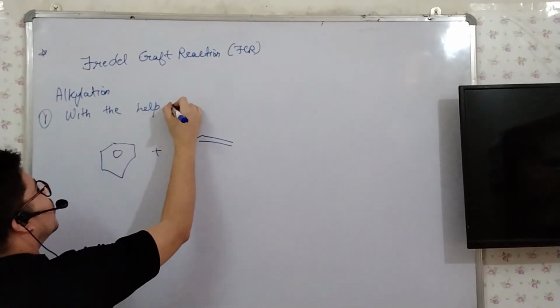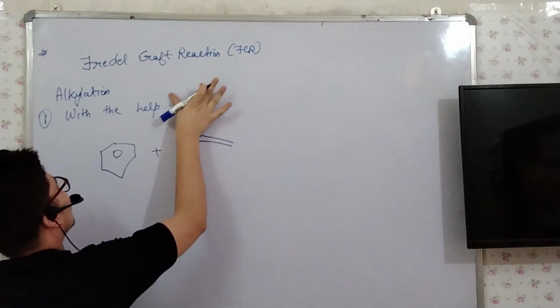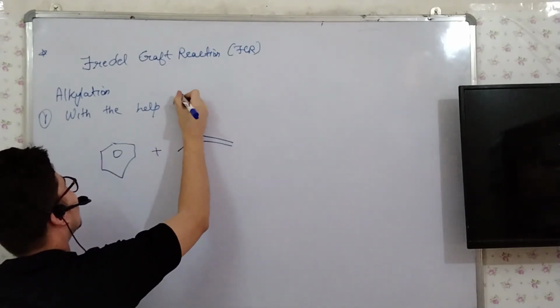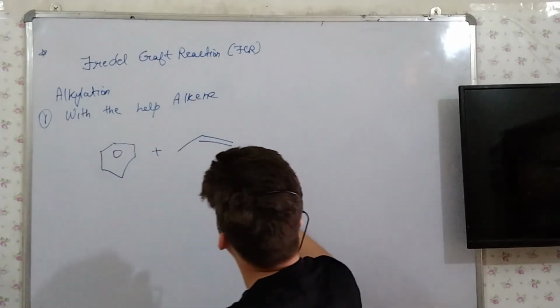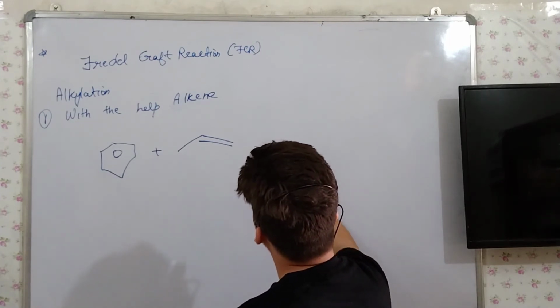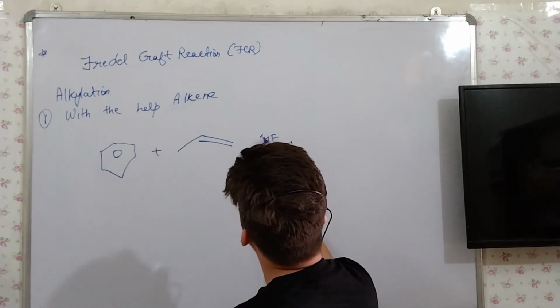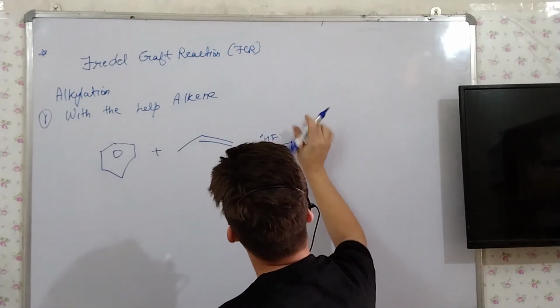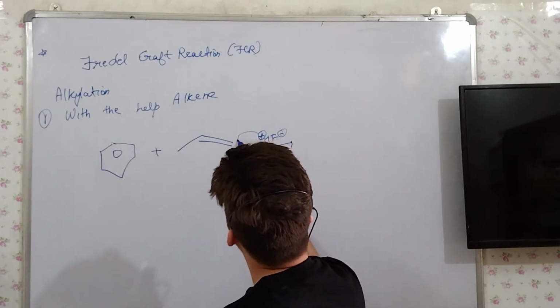Third is with the help of alkene. So we have benzene and propene. We have HF, so this is H plus and F minus. So this attaches here.